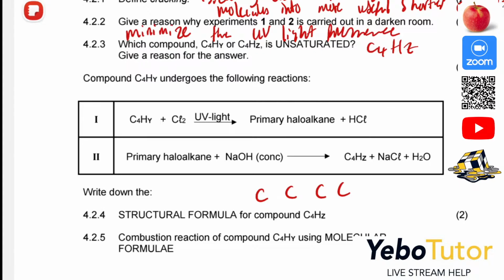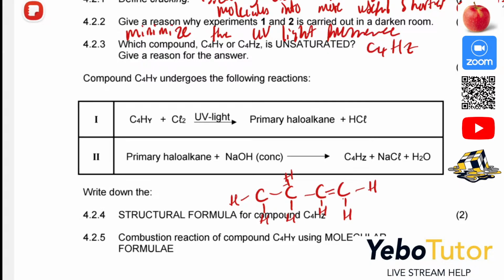Yes. Then of course we can have our double bond there. Then of course we have our normal 4 bonds over there. So that will be the structural formula.